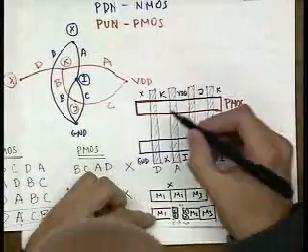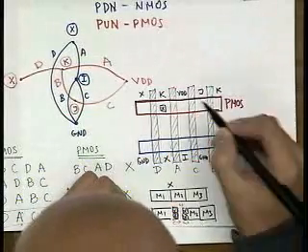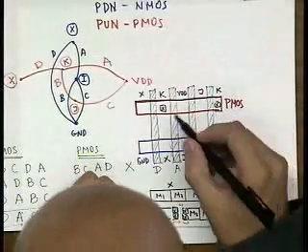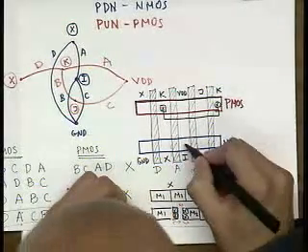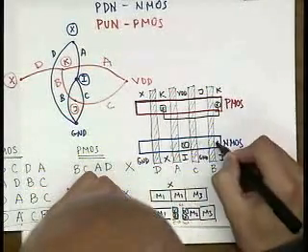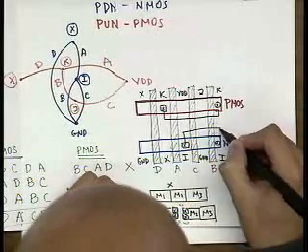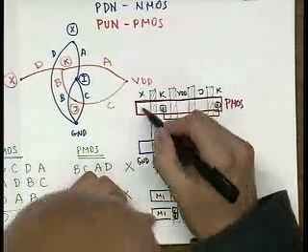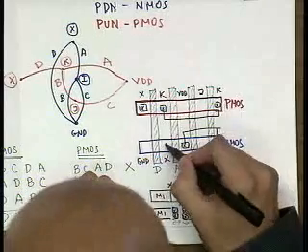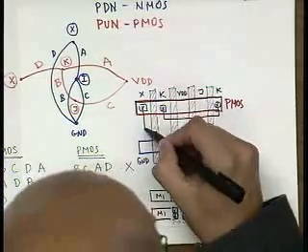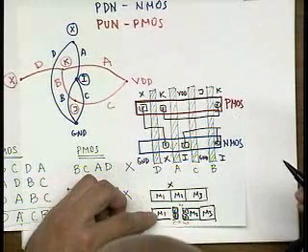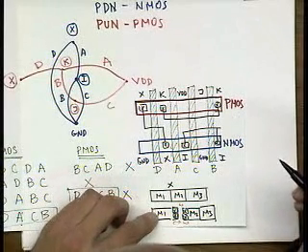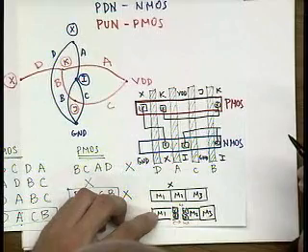For example, you can have a contact over here, connect this K. Then you have a contact over here, connect this I. And then you have X. And that's it.